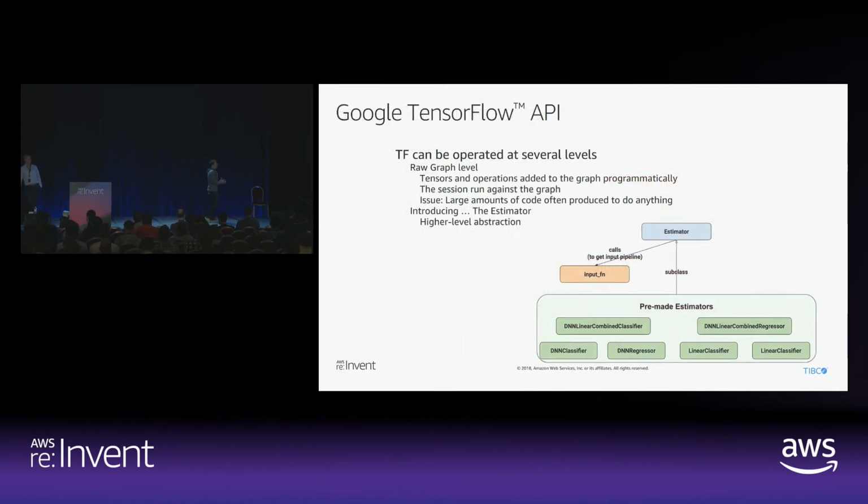Everyone here that's used TensorFlow, you know that you can operate TensorFlow at multiple different levels. You can operate TensorFlow at the raw graph level. And to be quite honest, that's a bit of an annoyance, right? It requires a lot of boilerplate Python code and just lots and lots of code to build up your complex graph. About a year and a half ago, TensorFlow launched the estimator package.